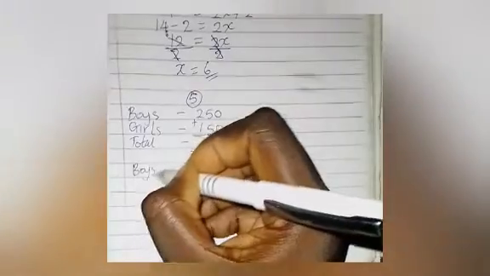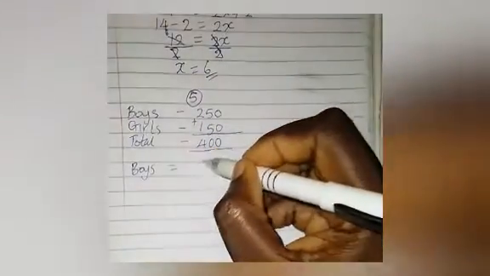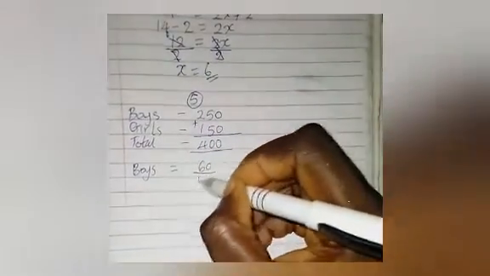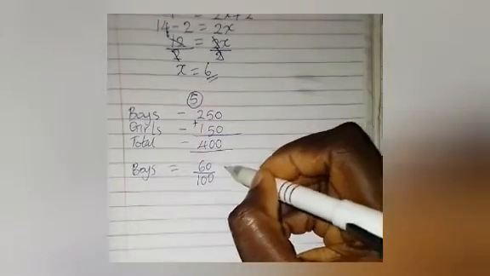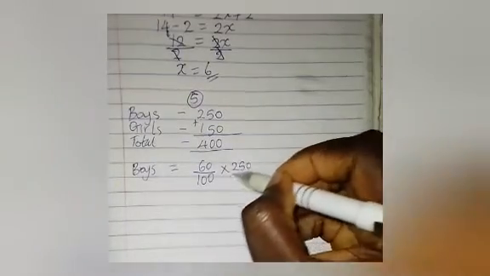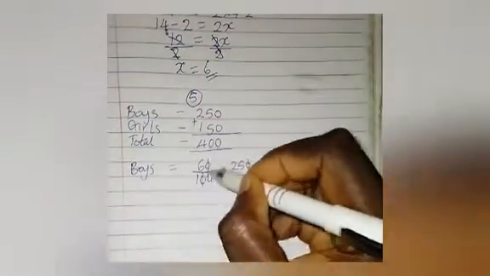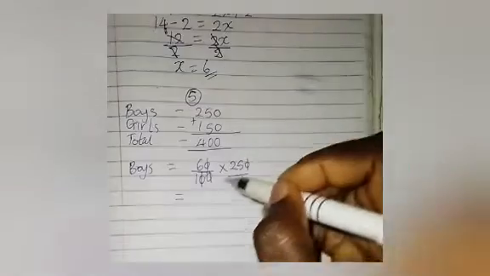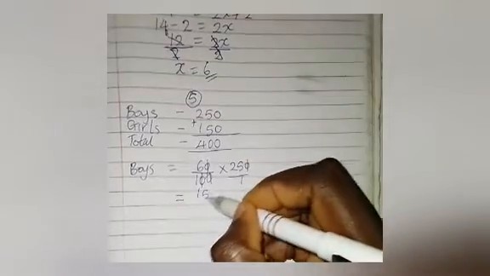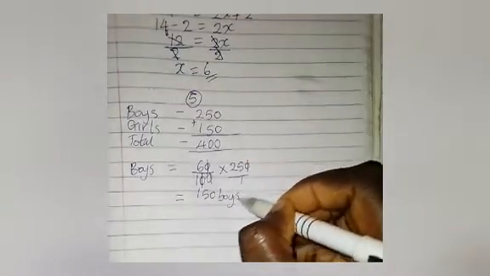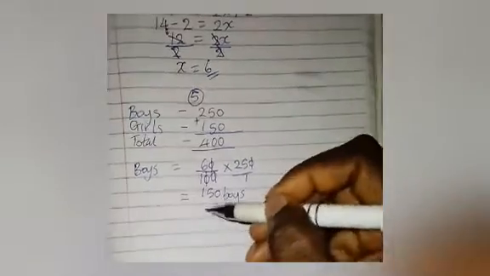So boys that played football is 60%. So 60 over 100 times 250 over 1. We divide through. 6 times 25. So 150 boys played football.